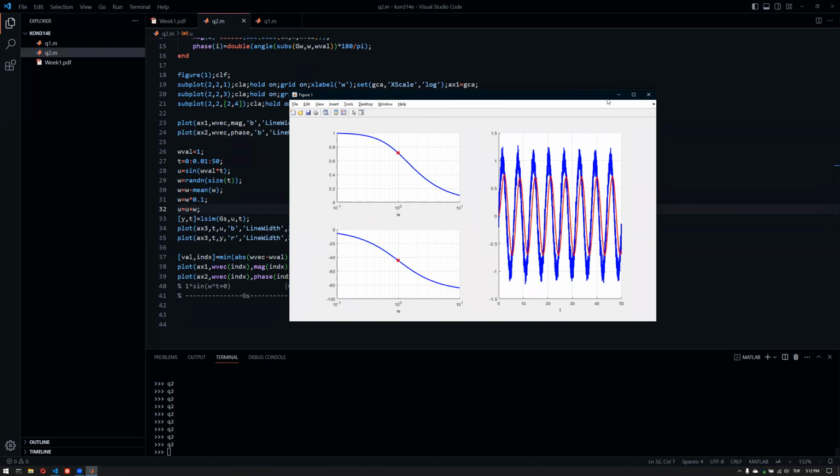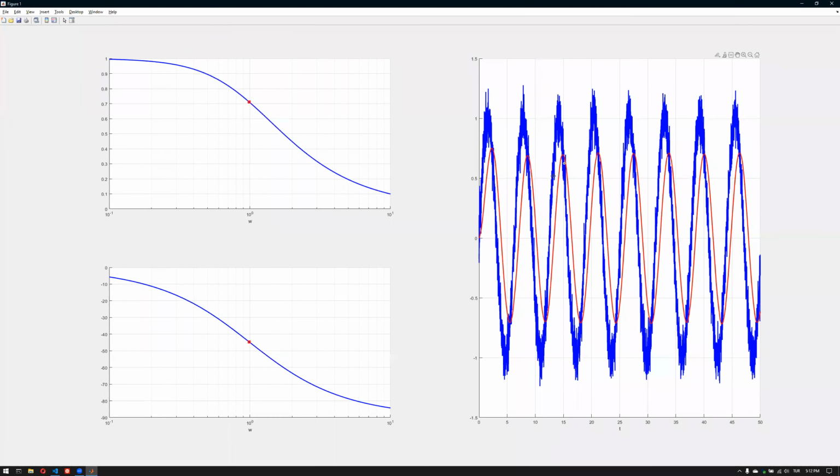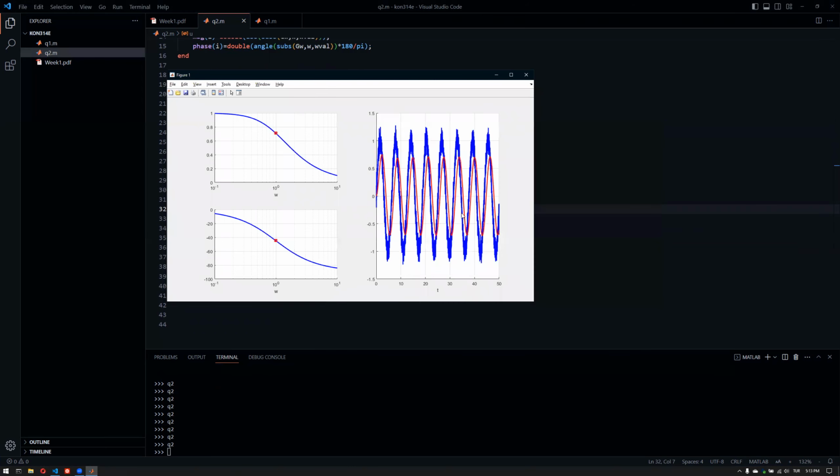You can see, even though our blue one, which is the input, has high noise in it, the frequency of these noises is quite high, and we have a very low pass filter that rejects basically those types of signals.